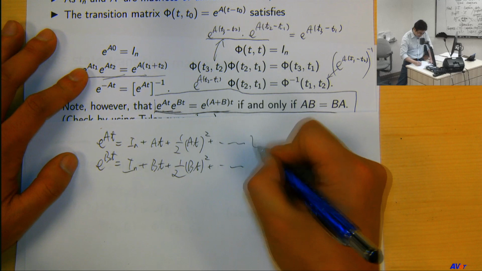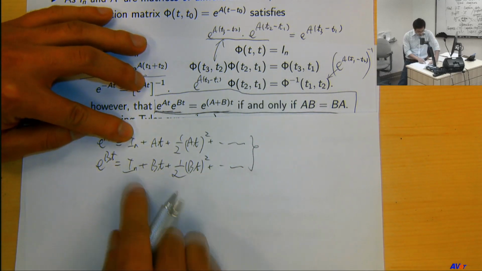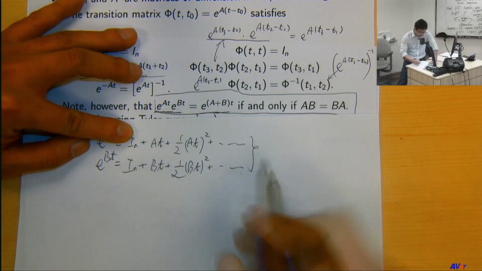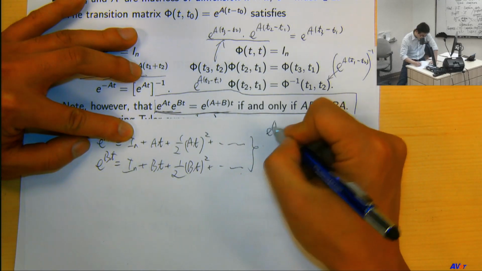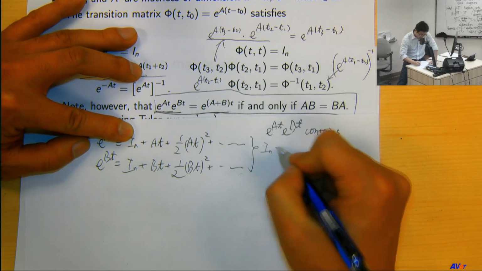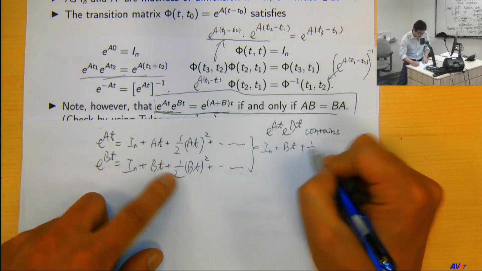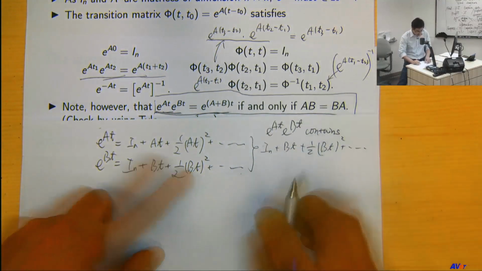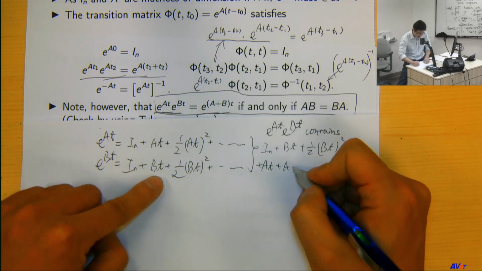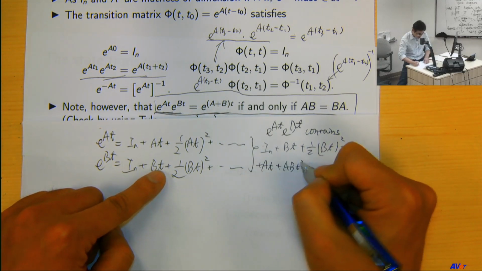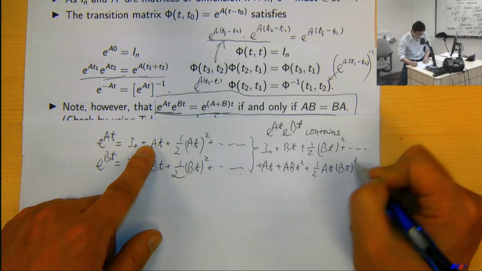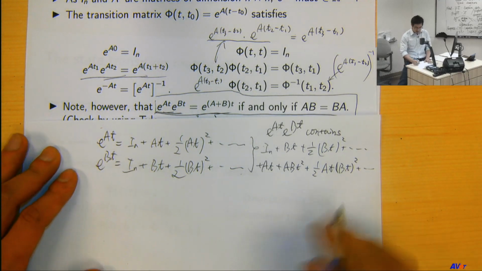You multiply out the individual components: it's I multiplying this plus A t multiplying this. e^(A t) e^(B t) contains I plus B t plus half of B squared t squared, which is the first component multiplication, plus A t multiplying I, A t multiplying B t, so it's AB t squared, plus half of A t times (B t) squared, etc.